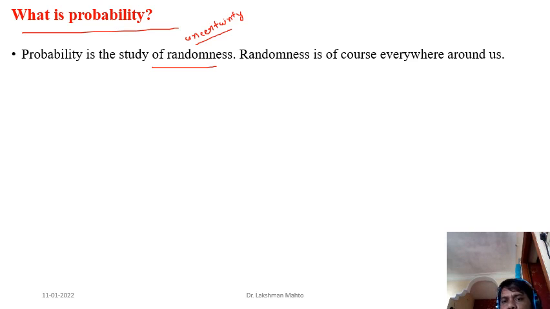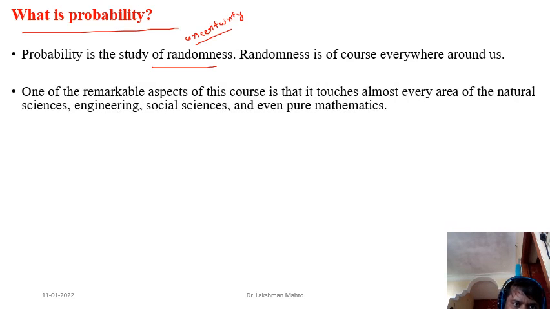We are not perfect, and a person can't be perfect in everything. So if not perfect, it allows the opportunity for randomness. There is randomness everywhere around us. Whatever you do, you always observe randomness.